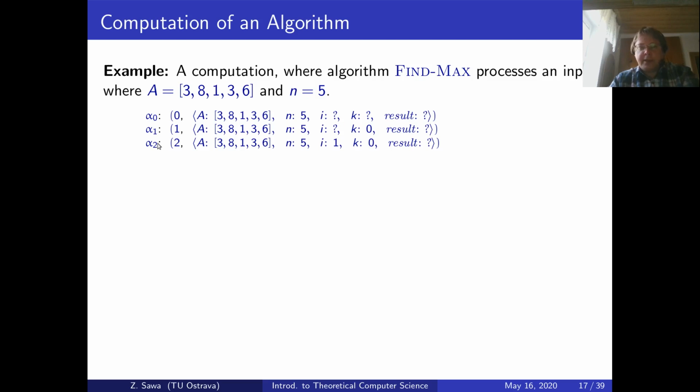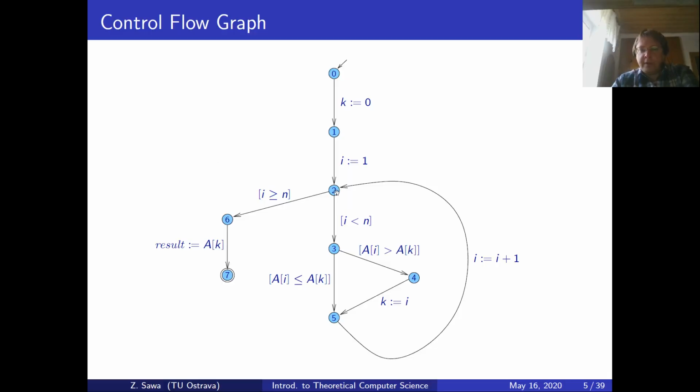And in this configuration alpha 2, we have control state 2. Here we have two possibilities, depending whether I is less than n, or if it's greater or equal to n, it will continue here or here.